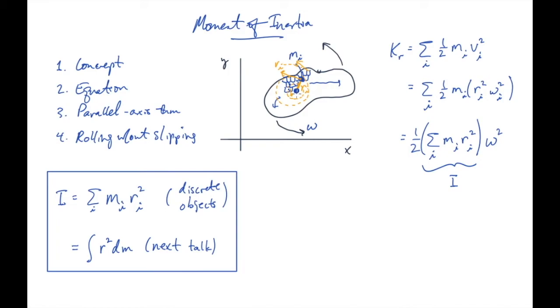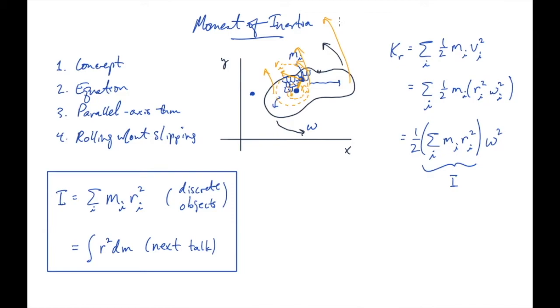Now let's imagine what happens if I take the axis of rotation and move it farther out here. Suppose I move the axis of rotation here, so that now every piece of this object was rotating in circles around this way. We should be able to see that on average, the mass has gotten farther away from the axis of rotation, so the moment of inertia should go up.